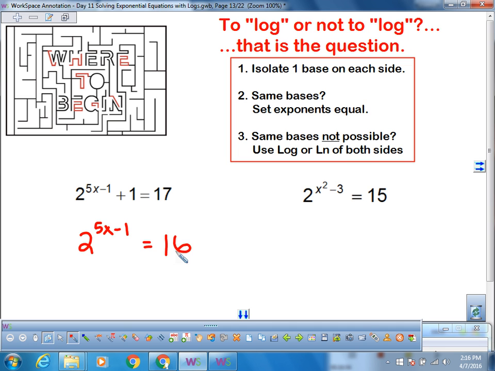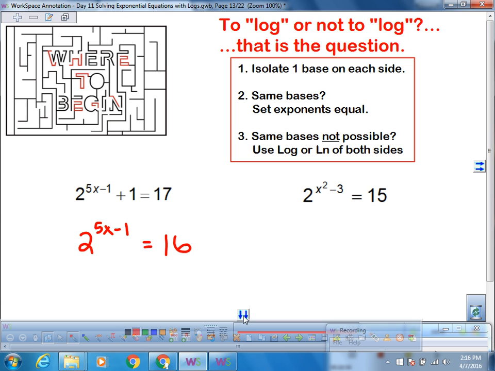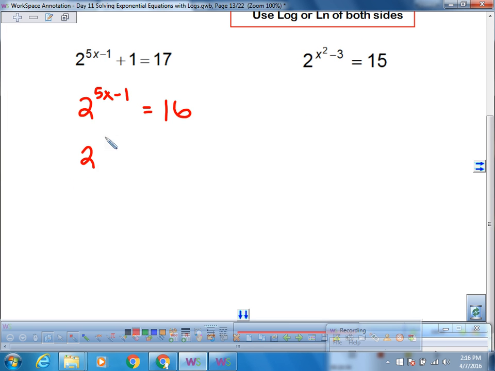Now, log or not log? No logging. Why would we log? I can have a common base. Here it's 2 to the what? 4.